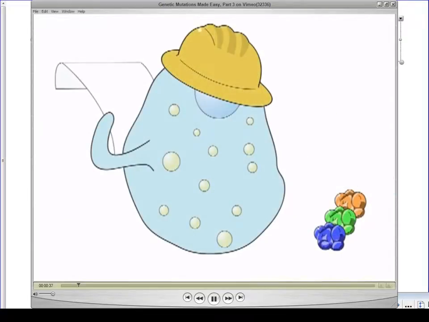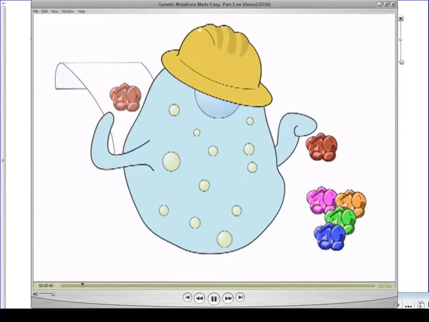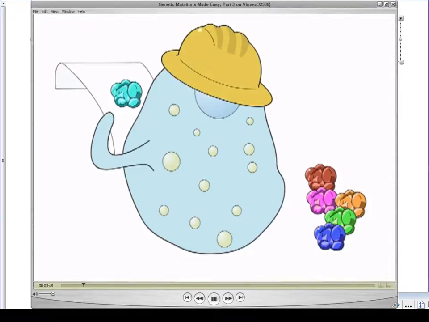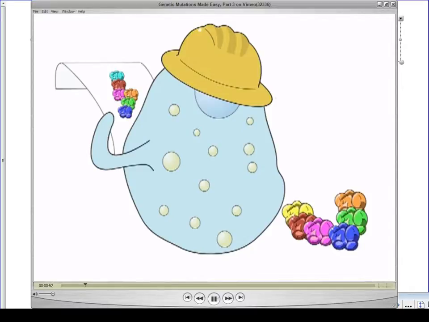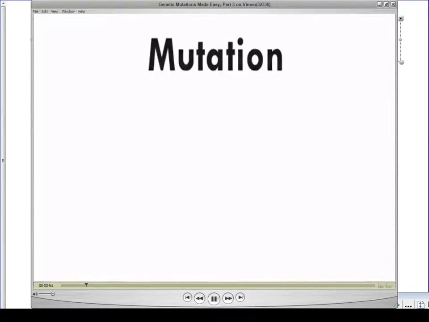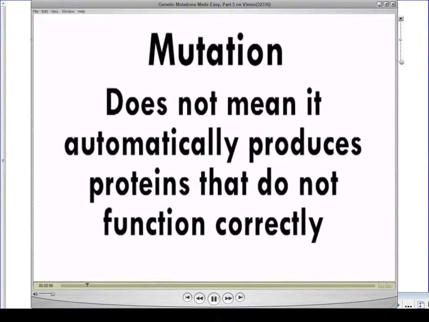Since DNA holds the building plan for the making of proteins, any change in DNA can lead to the creation of the wrong sequence of amino acids. Many times, these changes can lead to the formation of an incorrectly made protein. A mutation that occurs within a segment of DNA does not mean it automatically produces proteins that do not function correctly.